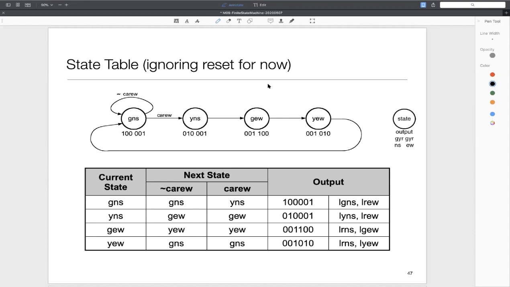If I ignore the next state columns for a moment, then given the current state GNS, my output is 100001, the lights for GNS and the lights for east-west in that order. So it's saying green for north-south and red for east-west. Those are the outputs here.